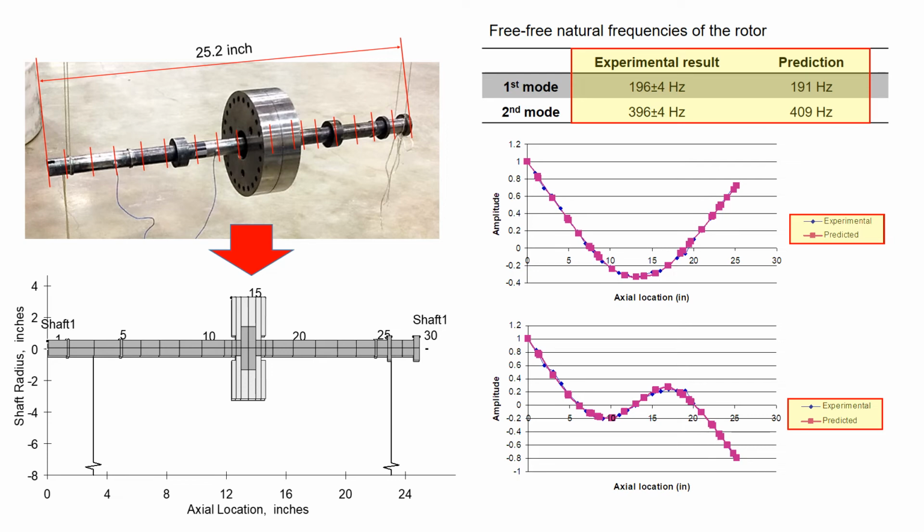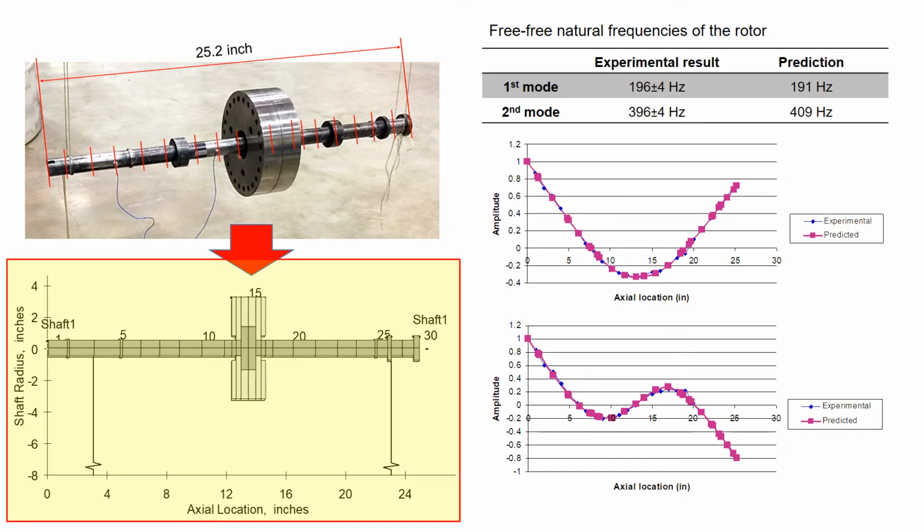Both natural frequencies and mode shapes are very similar to each other, which indicates that the rotor dynamic model represents reality well. This means that we could use the rotor dynamic model to predict the rotor responses with high confidence. In other words, the predicted results have a high chance of representing what will happen in a real machine.